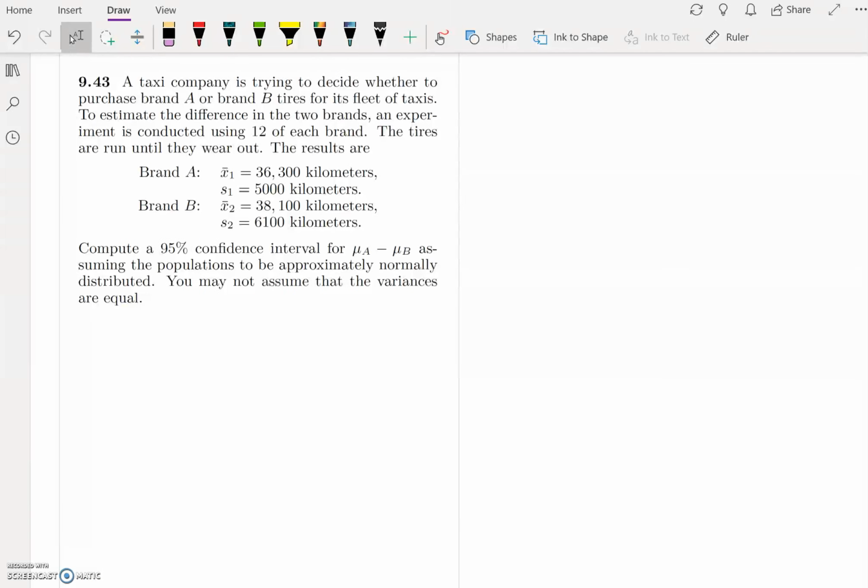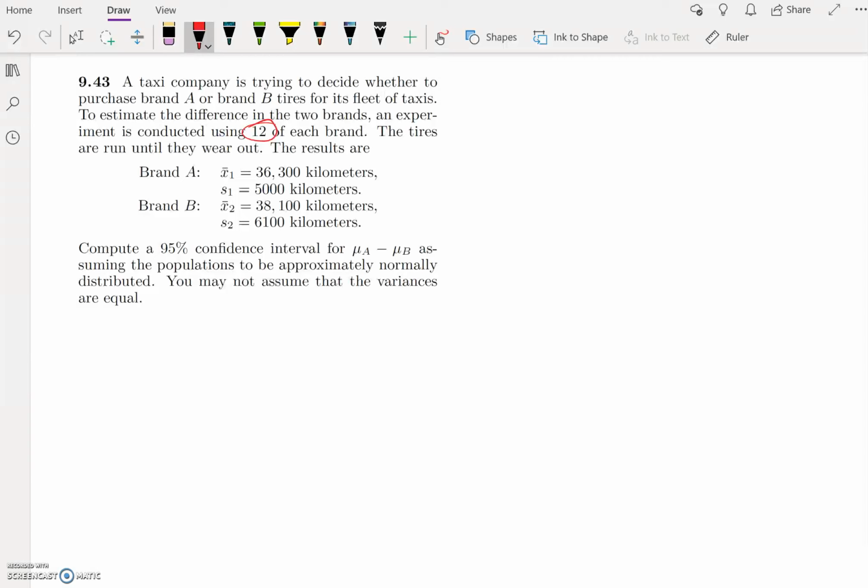A taxi company is trying to decide whether to purchase brand A or brand B tires for its fleet of taxis. To estimate the differences in the two brands, an experiment is conducted using 12 of each brand. The tires are run until they wear out.